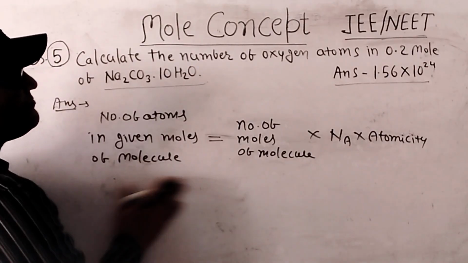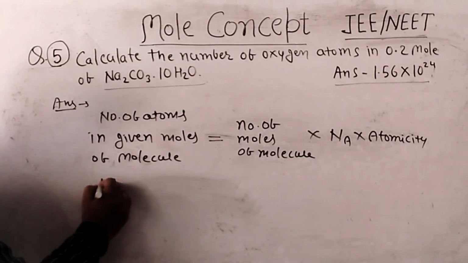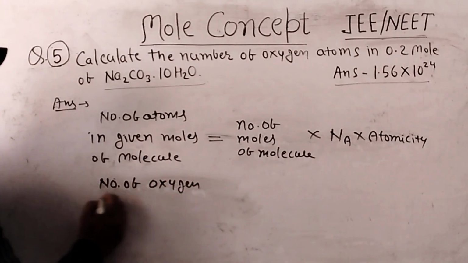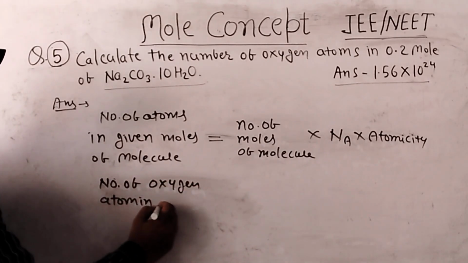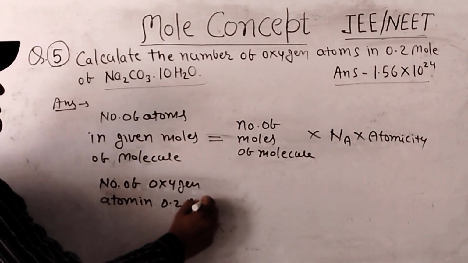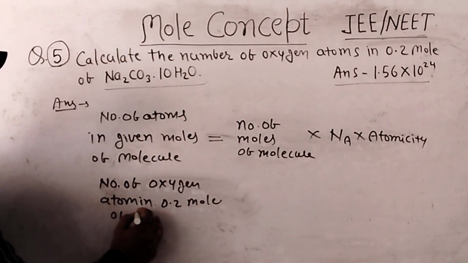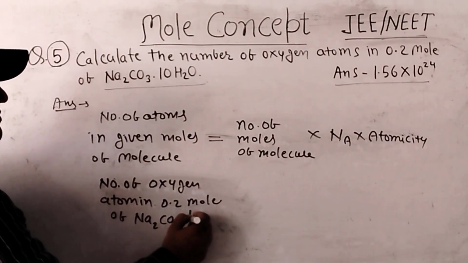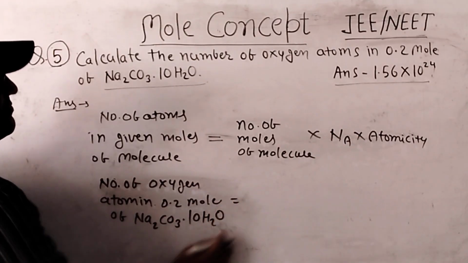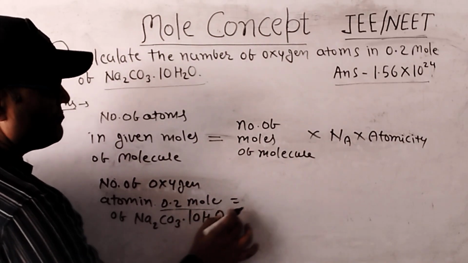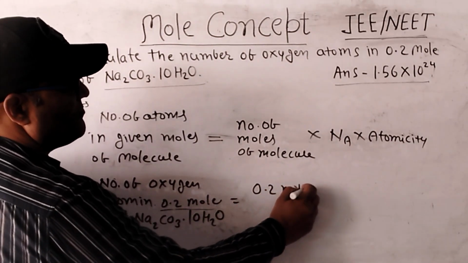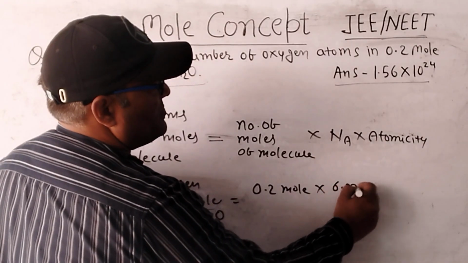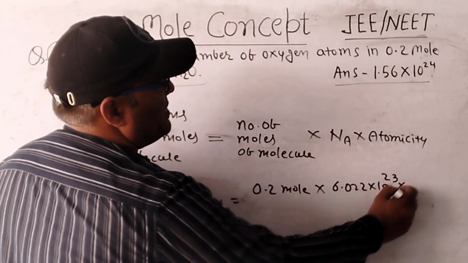Now from the question, the number of oxygen atoms in 0.2 mole of Na2CO3·10H2O is equal to, here the number of moles is 0.2 mole, multiplied by Avogadro number 6.022 into 10 to the power 23, and multiplied by atomicity.